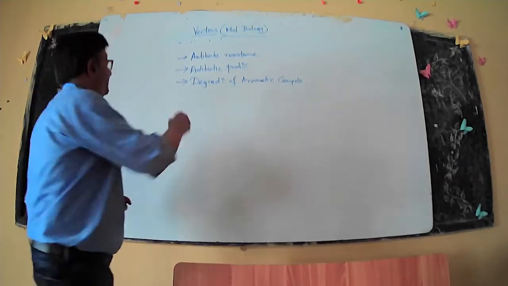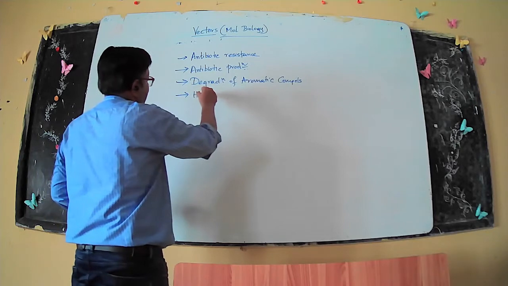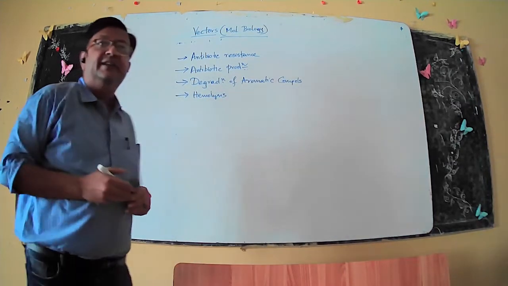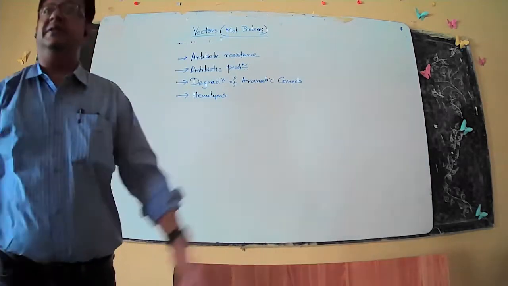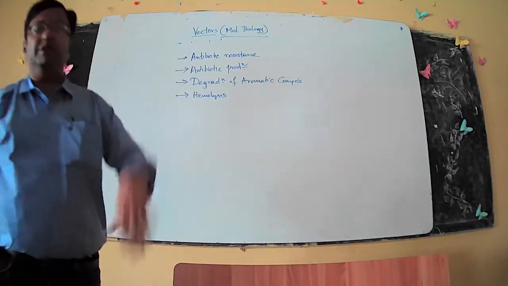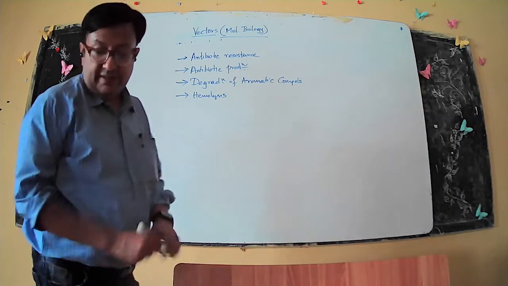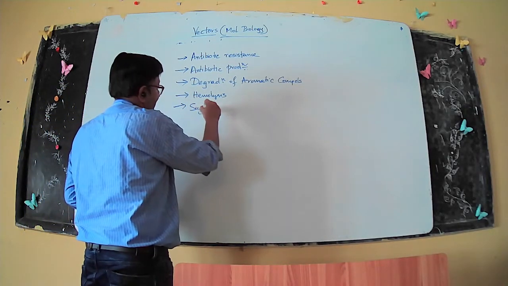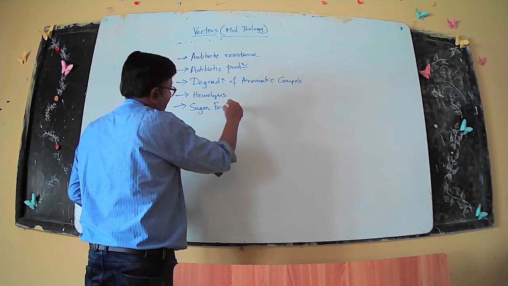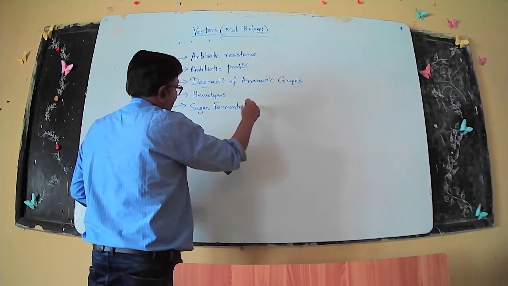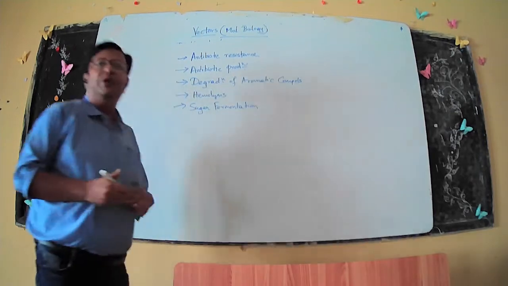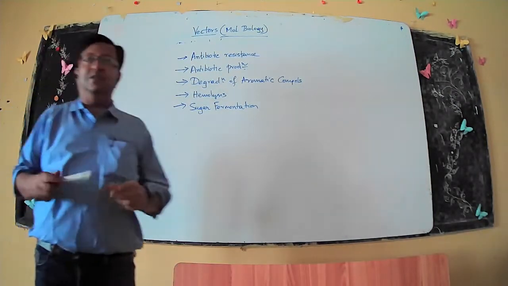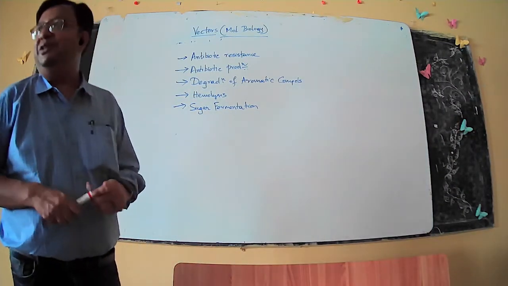Then hemolysis. If it's a blood bacteria, it will cause the blood cells to break. Hemolysis. Sugar fermentation. Very important, for making alcohol, to ferment sugar.